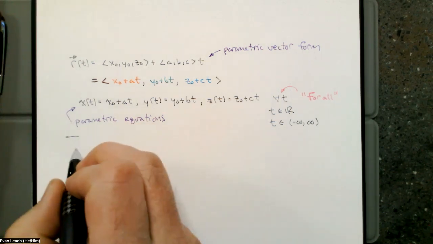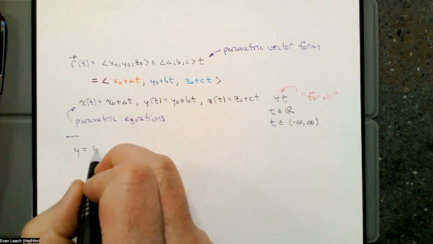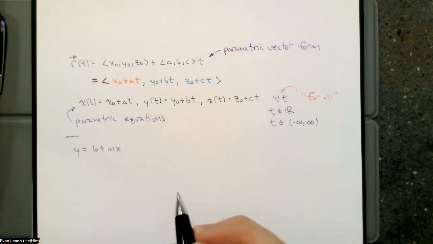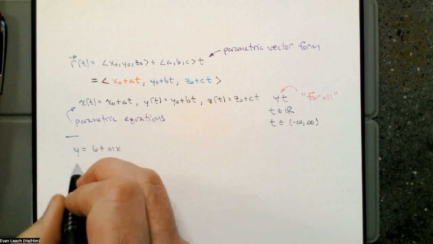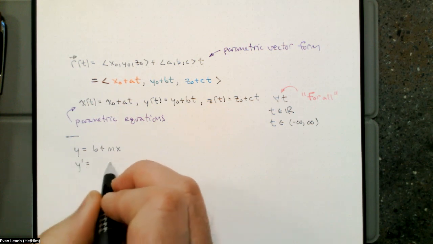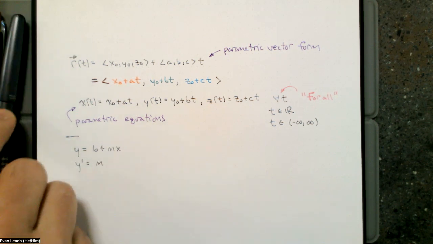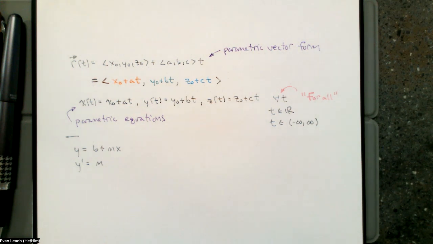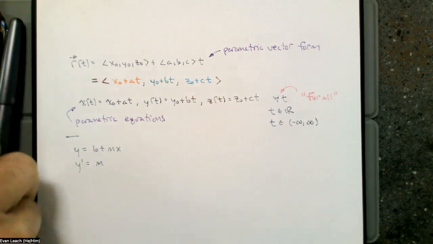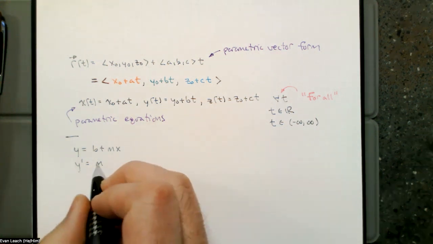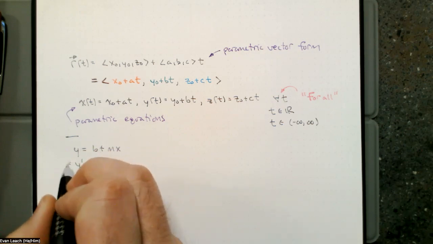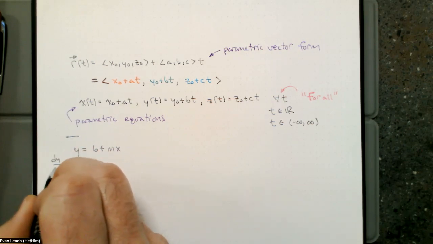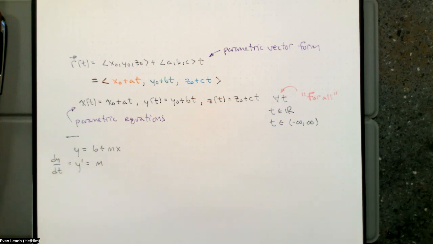So if I write y is just b plus m times x, then y prime is just m. A linear function has a constant rate of change. And I'm specifically thinking of this as the derivative of y with respect to t.